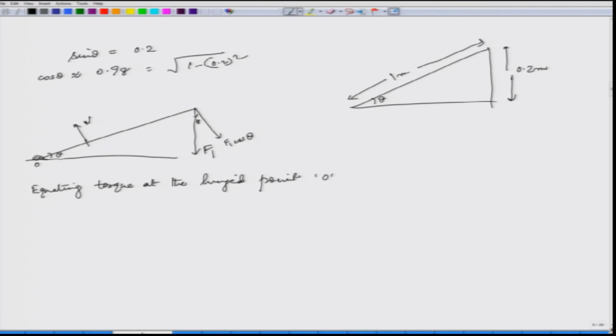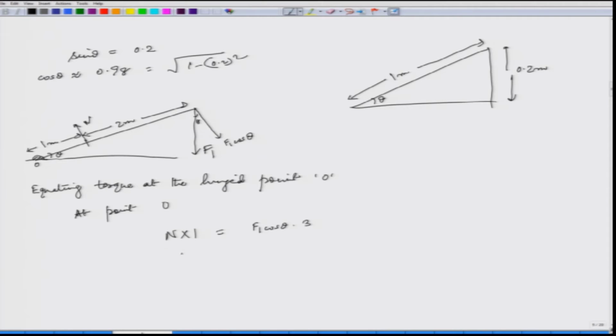We know that this is 1 meter and this is 2 meter. So at point O, N into 1 is equal to F1 cos theta into 3. This is just like the torque due to the normal should balance the torque due to the perpendicular component of the force, that is F1 cos theta.